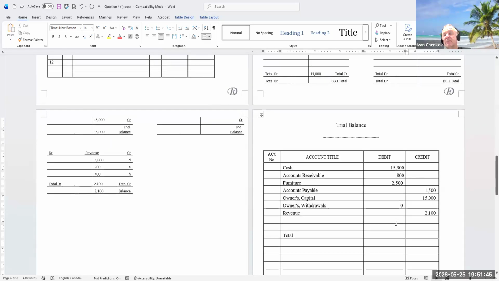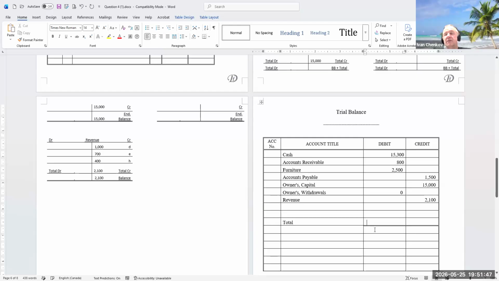So once we have those numbers, we can easily calculate the totals. 15,300 plus 800, that's 16,100, plus another 2,500, that should be $18,600. On the other side, if we worked correctly, we should get the same number.